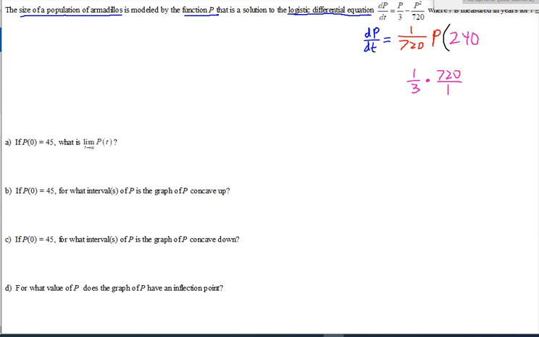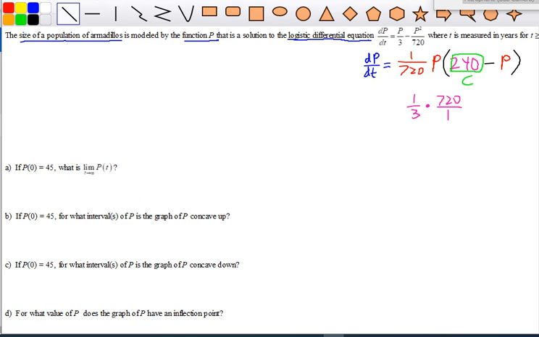And then minus, now we're just left with the p isolated like we want. Now it fits this form where this is our constant out here times the variable, and then this is the carrying capacity minus the variable isolated. So in this general form for a logistic equation, now we can sketch a graph where the carrying capacity, C, is right there. So let's sketch a graph, and then we can see how we can answer all these questions.